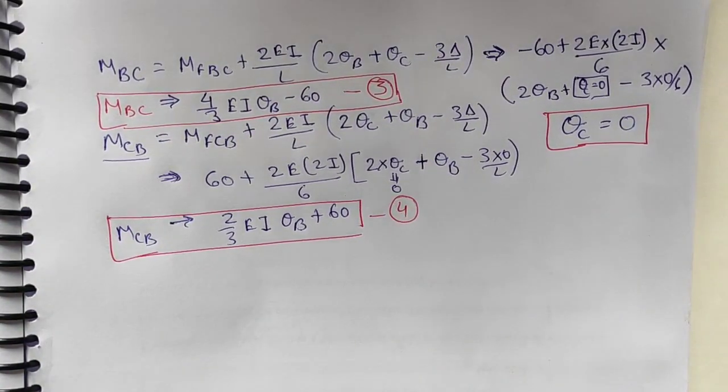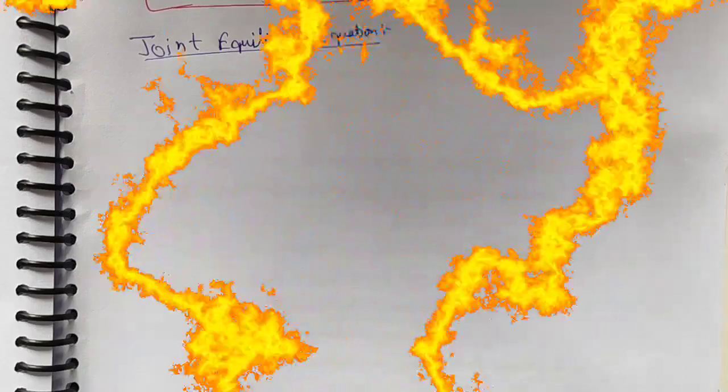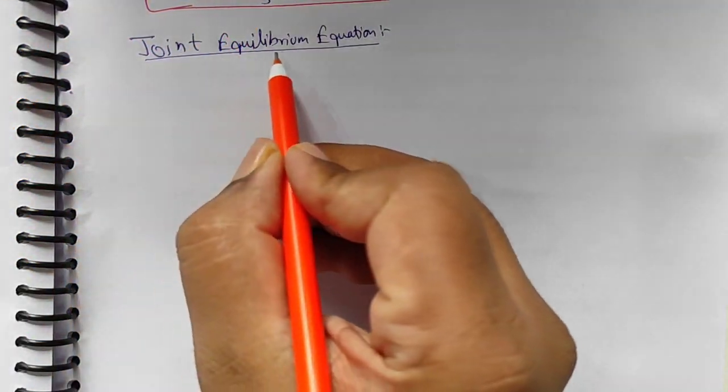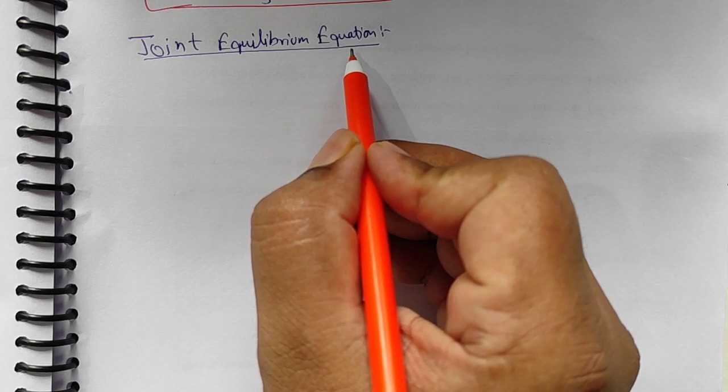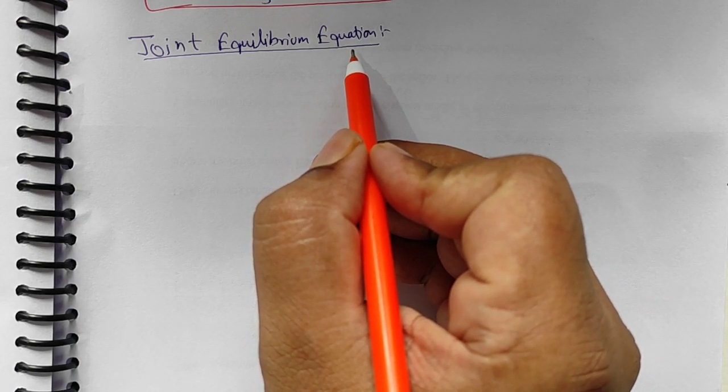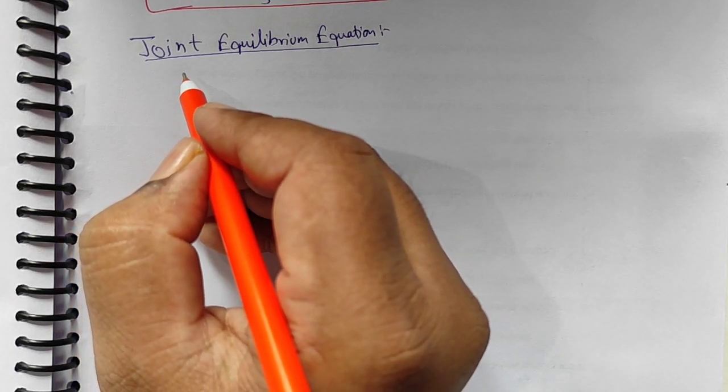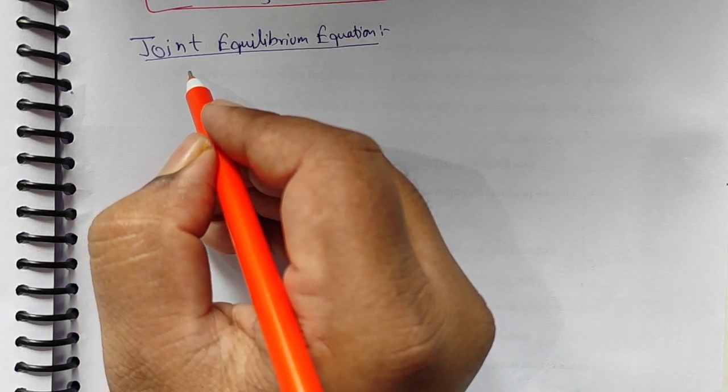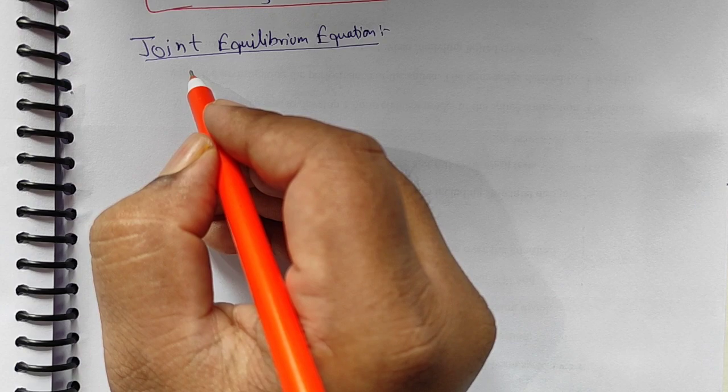So these are my slope deflection equations. The third step is the joint equilibrium equation. Here I'll consider a joint where both the moments are acting, where the summation of total moments at a particular joint I will take as 0.